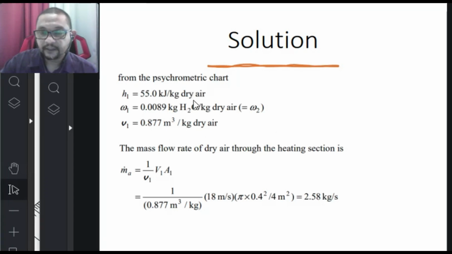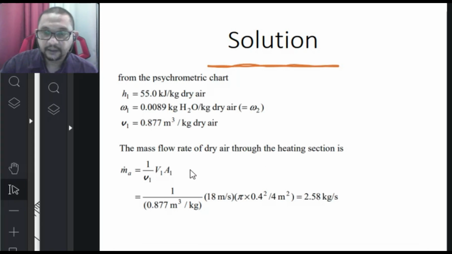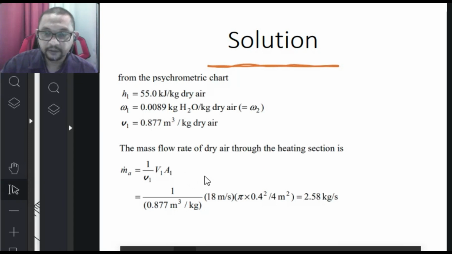So when you have obtained all these parameter values, then you can use the formula of mass flow rate of air, rho A V, which is 1 per specific volume times velocity times area.